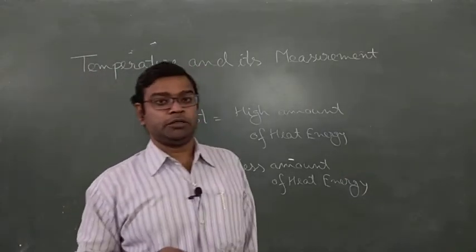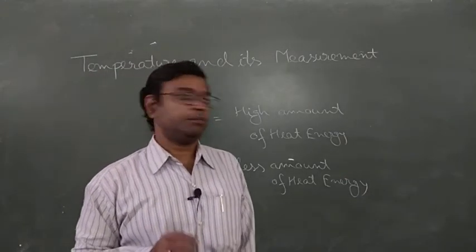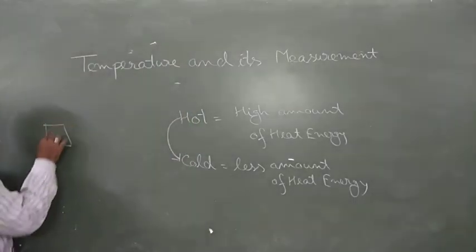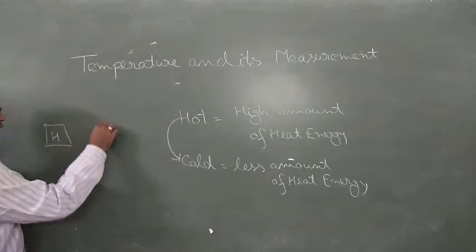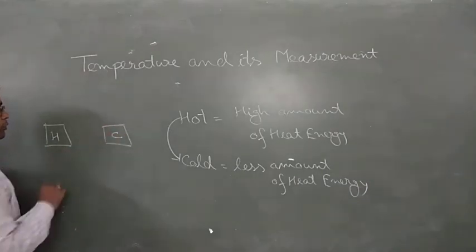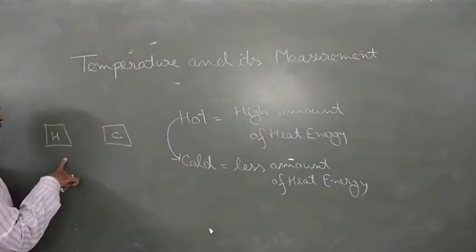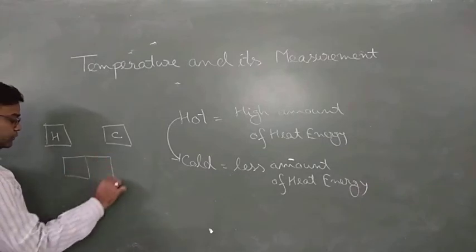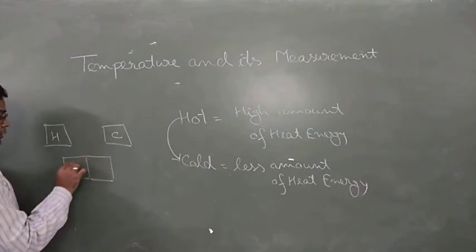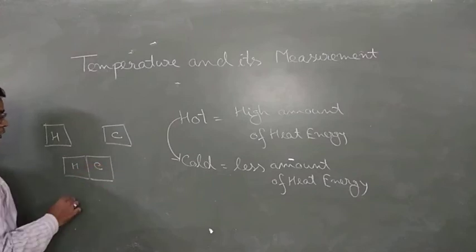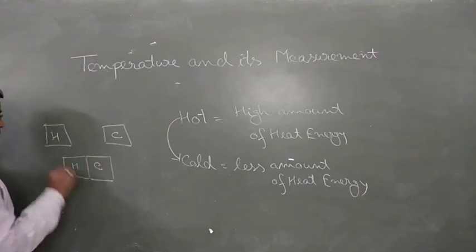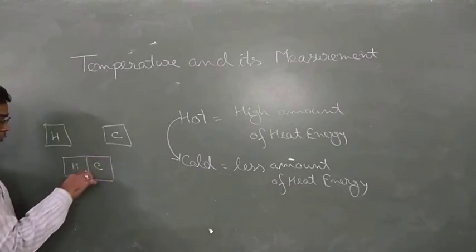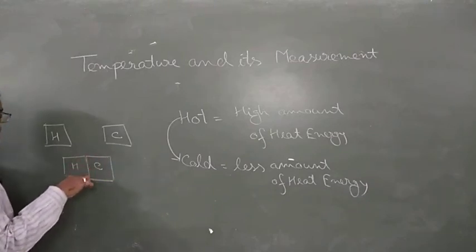What does complete body mean? Suppose this is your H, the hot body, and this is your C, the cold body. There is no contact between them. When we make some contact, suppose it's direct contact, hot body and cold body, now in this condition this is one complete body because there is a contact and no gap.